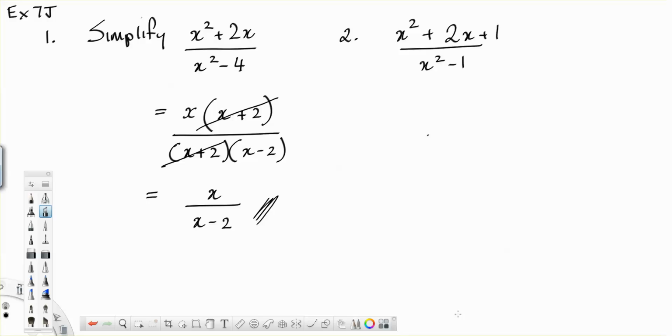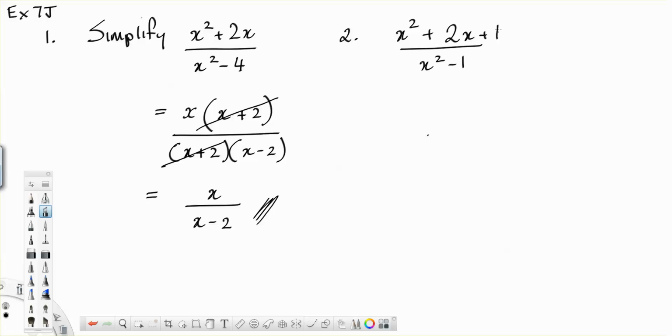Okay, second example. This is actually question 3 from the same exercise. x squared plus 2x plus 1. Now that is a quadratic. And you'll see that that middle expression, 2x, the coefficient, the 2, is double the 1 there.